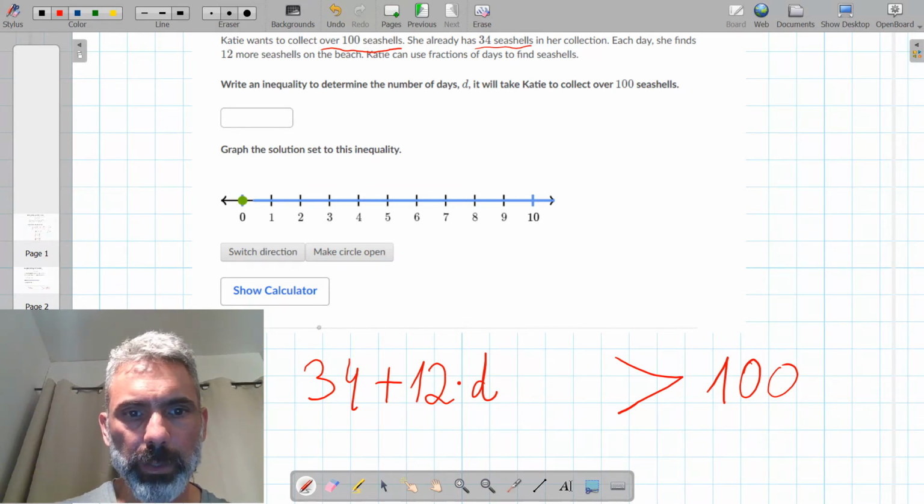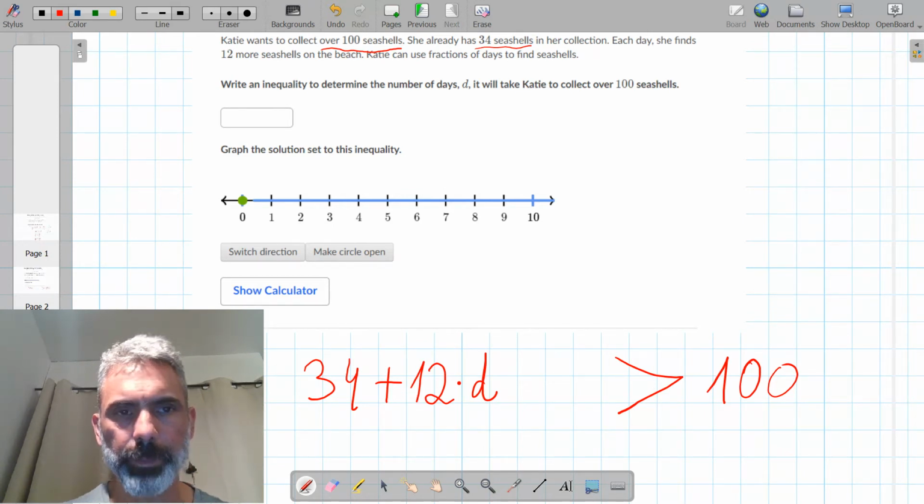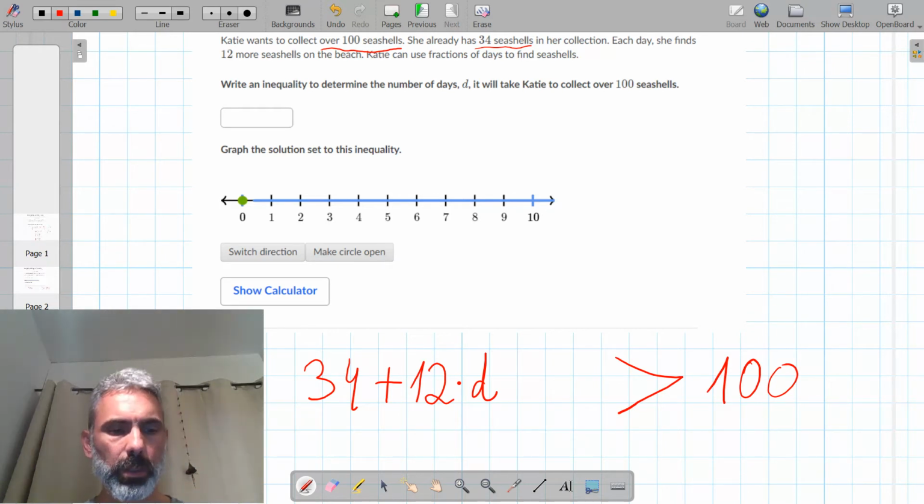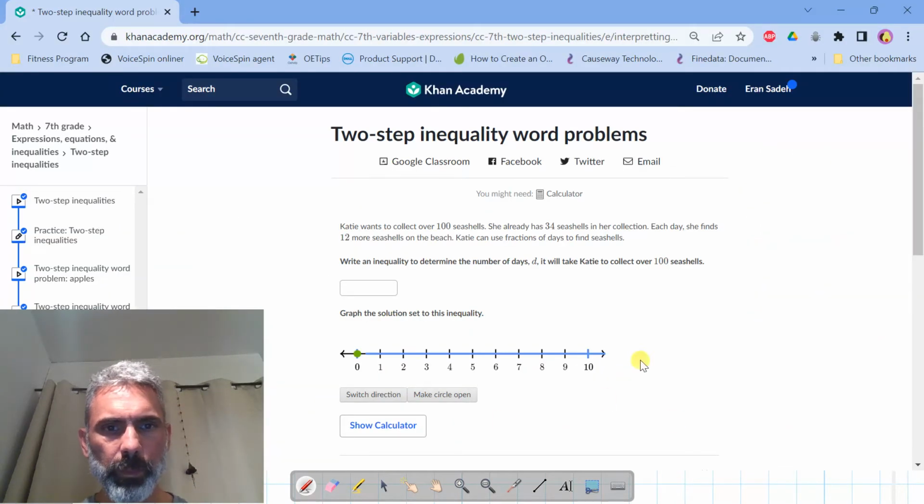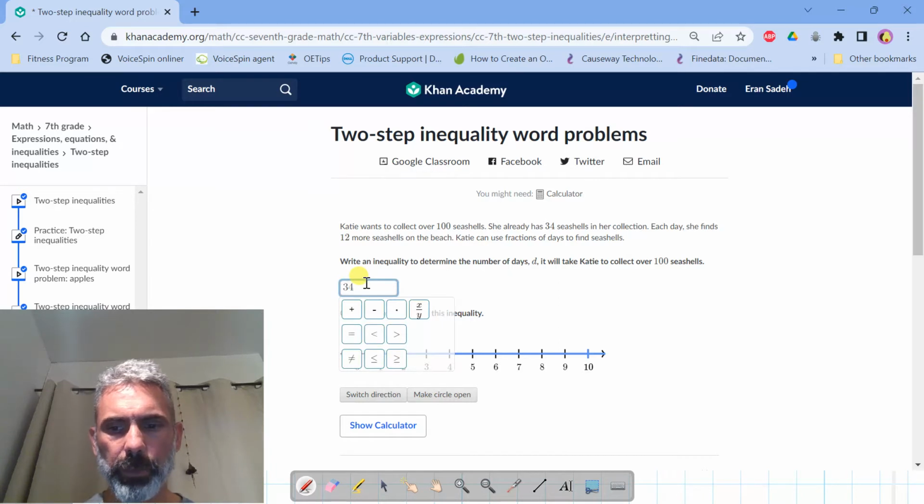So 34 plus 12 times the number of days has to be greater than 100. Okay, so this is the inequality: 34 plus 12D has to be greater than 100.